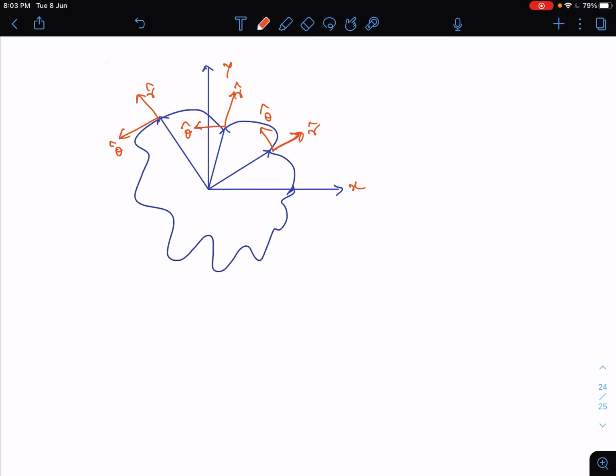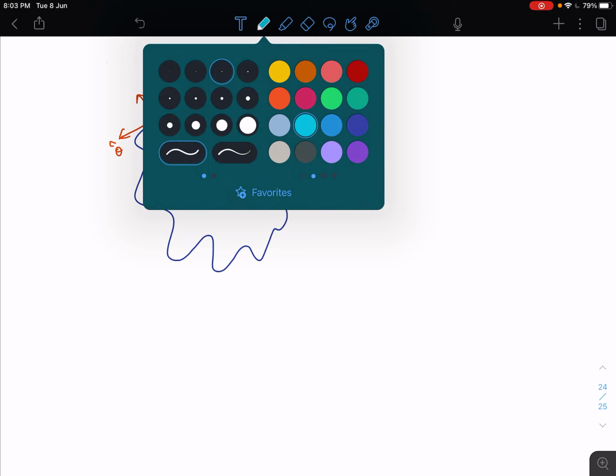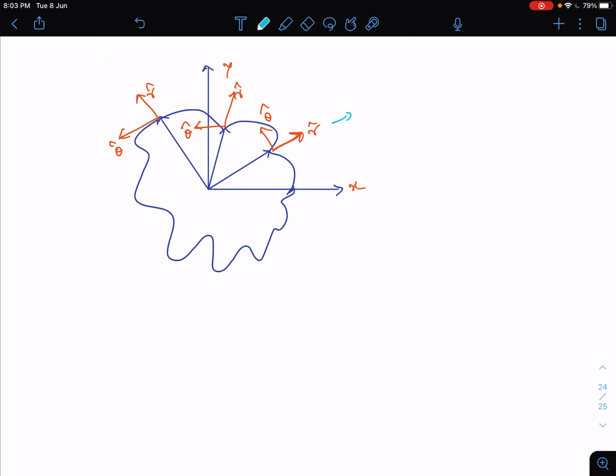Their magnitude is always one, but they are changing with respect to time because their direction is changing. Here they are directed in this direction, here in this direction, here in this direction, and here in that direction. That's why the vectors are changing.